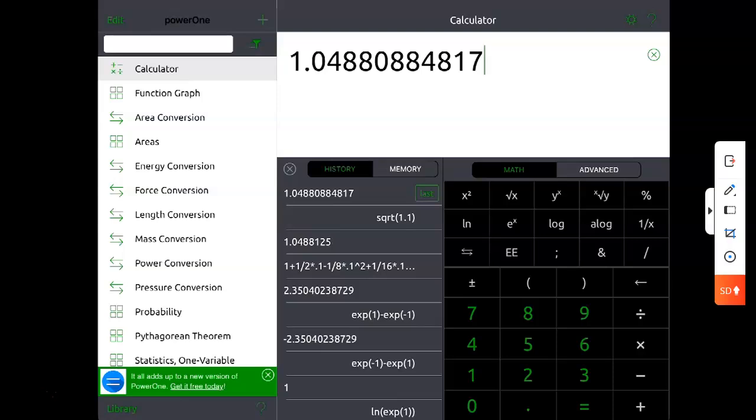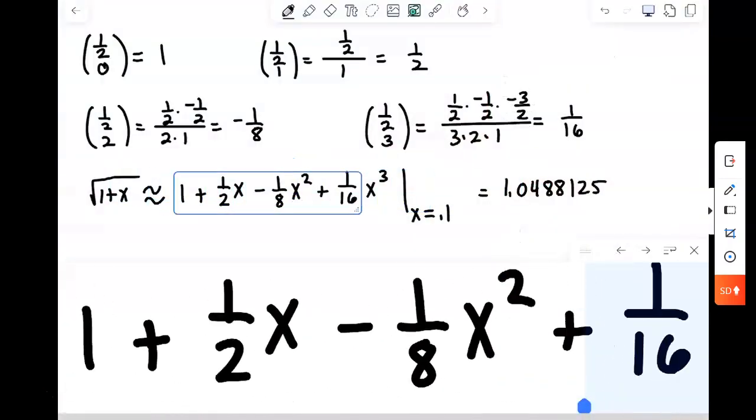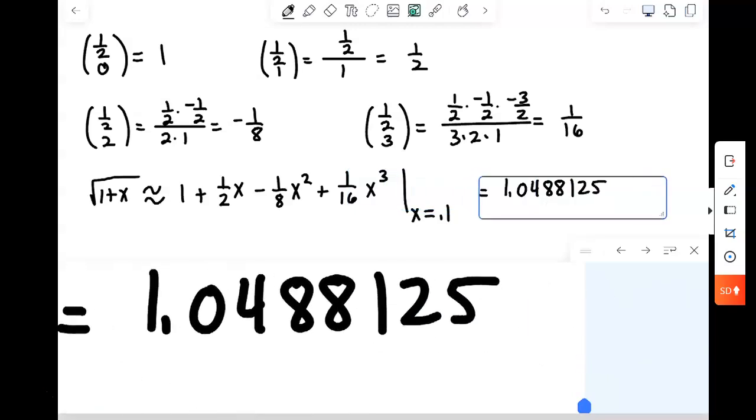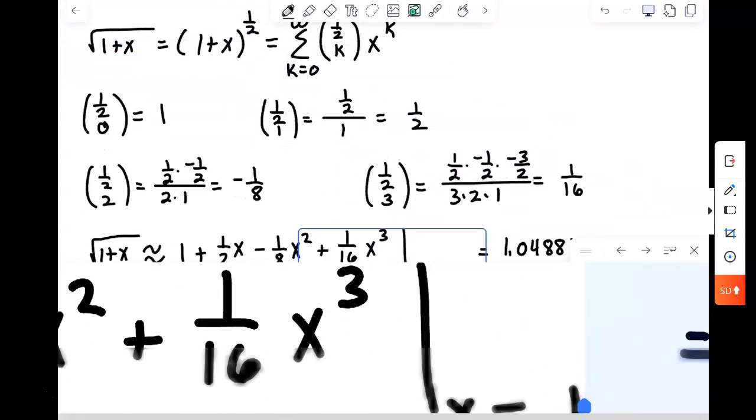And in fact, even if we rounded to 5 decimal places, we would be in agreement. And it's the 6th decimal place right now where we are losing some accuracy. But that's pretty darn accurate for just a simple 3rd-degree polynomial approximation to the square root of 1 plus x.